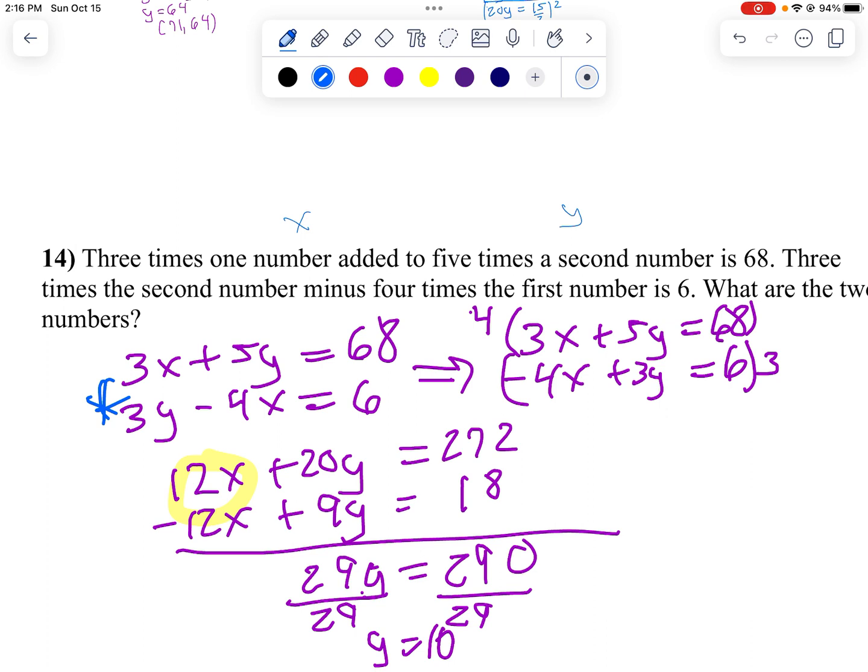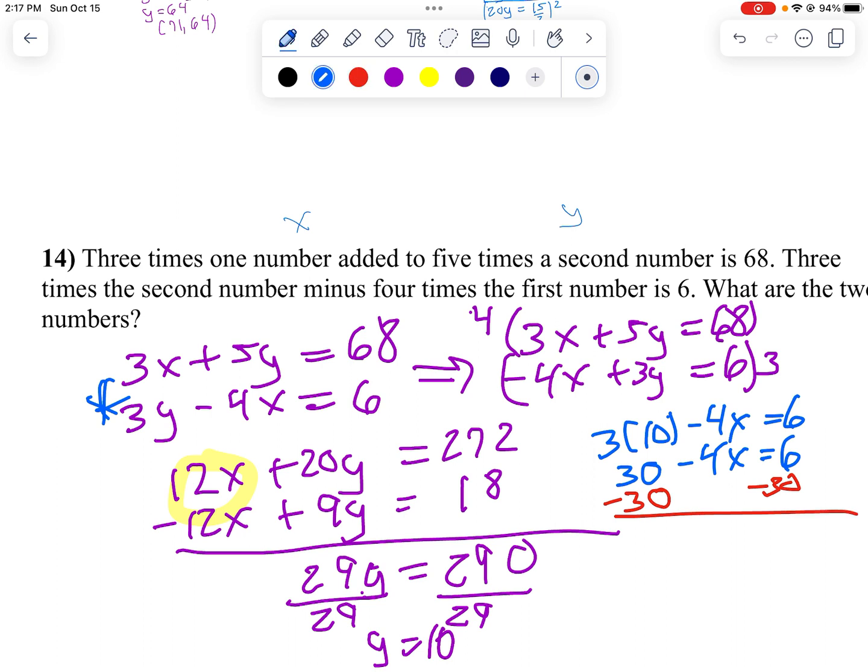So I'm going to go 3 times 10 minus 4x equals 6. So that's 30 minus 4x equals 6. Let's subtract 30 from both sides. Negative 4x equals negative 24. Divide by negative 4, and x is 6.